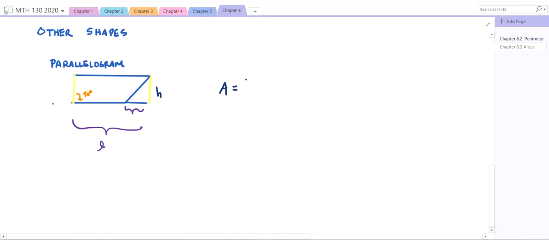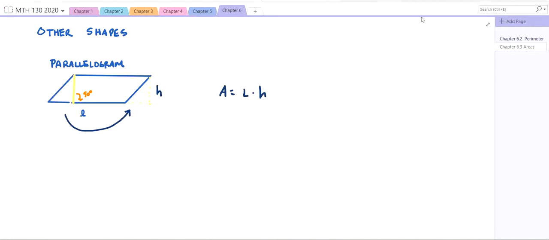So this is length times height. So we have to figure out what that height is. I've redrawn my parallelogram the way it was before so as not to mess the notes up. So it either has to be given in the problem or we have to be able to calculate what it is.